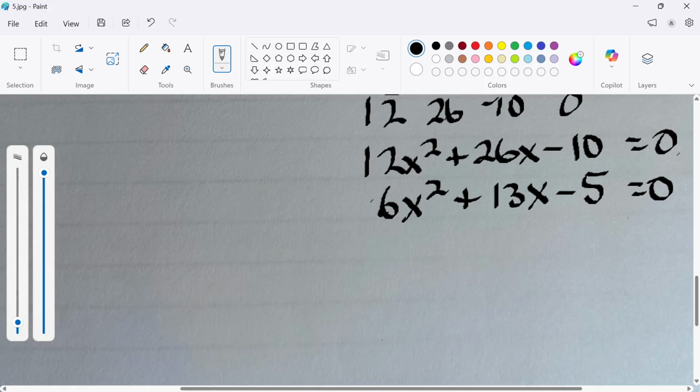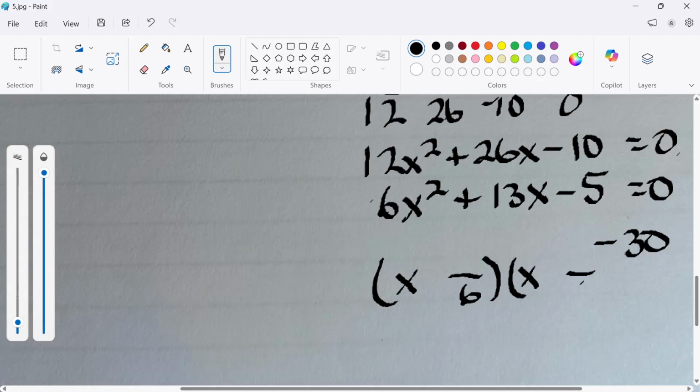And now I do 6 times negative 5, which is negative 30. I'll put an x with a 6 here and an x with that original 6 under. Factors of negative 30 that equal positive 13: 15 times negative 2 is negative 30. 15 minus 2 is 13. So plus 15 and then minus 2.